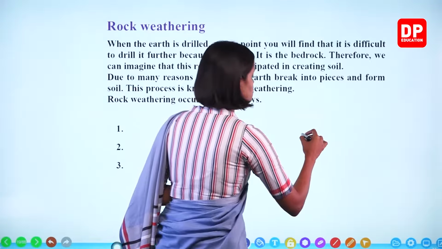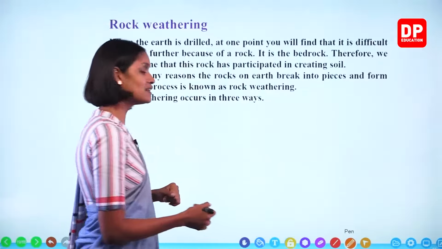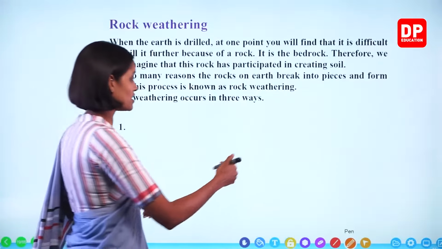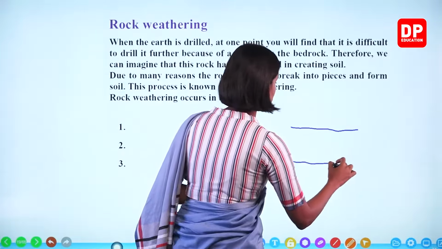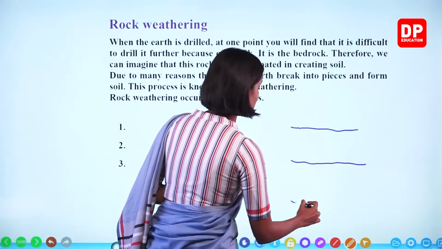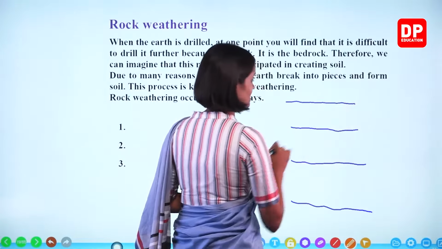When we learn about soil profile, we learn that when we consider a vertical section of soil, there are three layers, right? We learn that there are three layers.